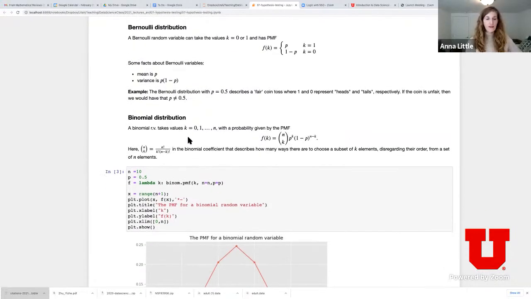Okay, and so another famous discrete distribution is the binomial distribution. You can think of the binomial distribution as being constructed from the Bernoulli distribution as follows.